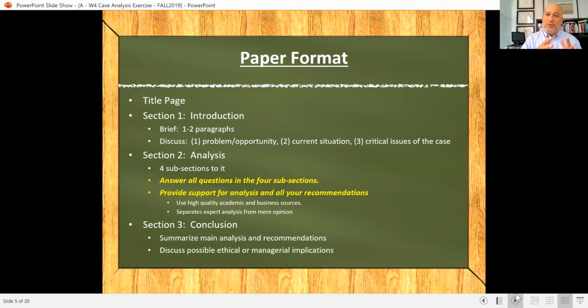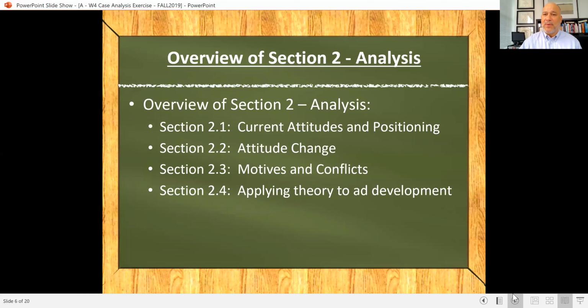So with that as your basic format, let's look at section 2, which will be the body and the real crux of what we're doing here. So section 2 will be the analysis section. And in the first part of that, you're going to review current attitudes and positioning. In section 2, you'll talk about attitude change methods.